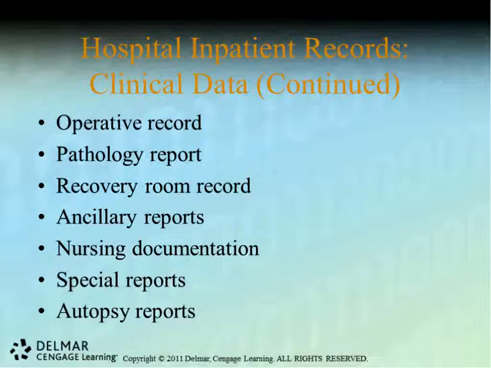Figure 6.26C on page 173 is an EKG report. Figure 6.26D on page 174 is an electroencephalogram, which is an EEG. And then on page 175, figure 6.26E is an EMG, electromyogram. So all of those would be considered ancillary reports.